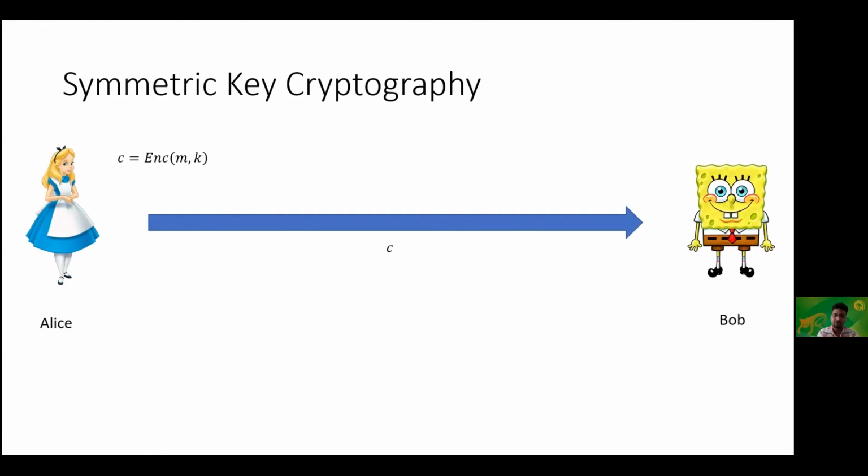She computes the ciphertext C using the encoder function and sends this C over the internet or over any network to Bob. Now this encoder function is such that nobody can break it without knowing the key. However, Bob already knows the key, so he puts that key and the ciphertext into his decrypt function, and then he recovers the message.